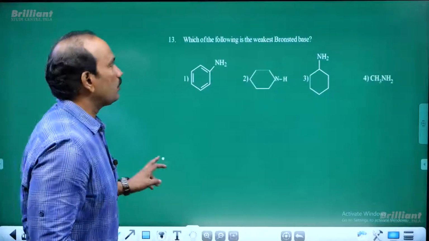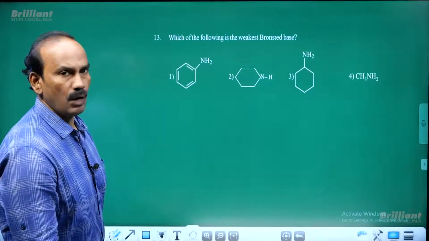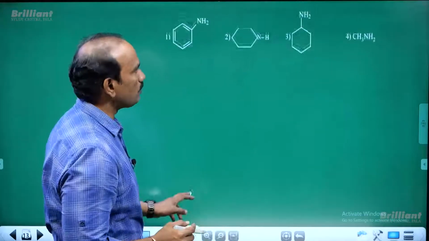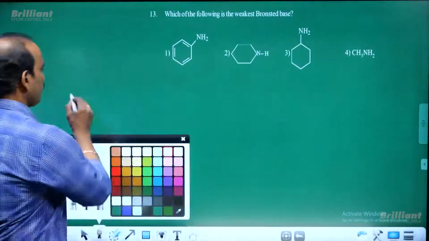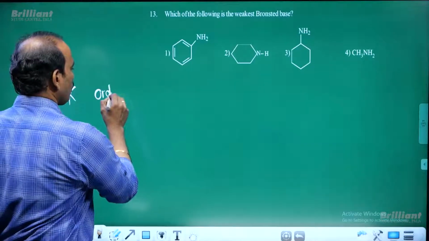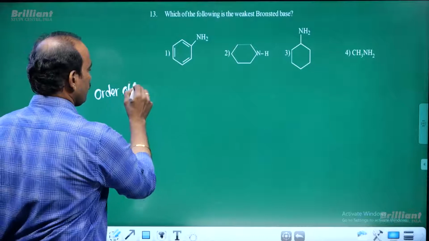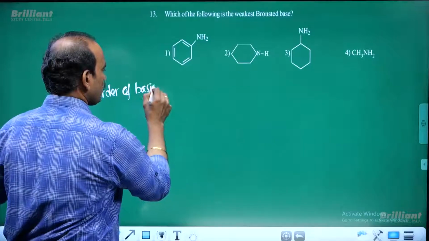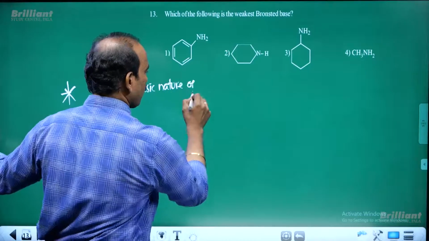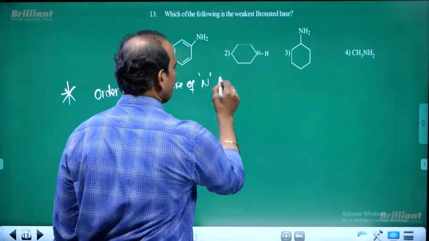Next one, which of the following is the weakest Bronsted base? What is the basic order of nitrogen compounds?